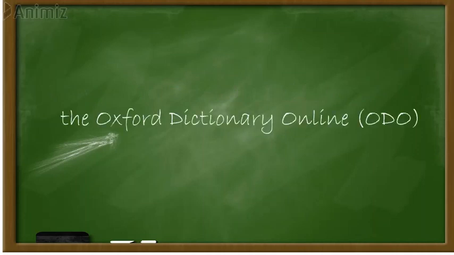For example, the Oxford Online Dictionary has been making headlines for accepting words that are widely used on the internet as part of English vocabulary. For example, you know this word "selfie."